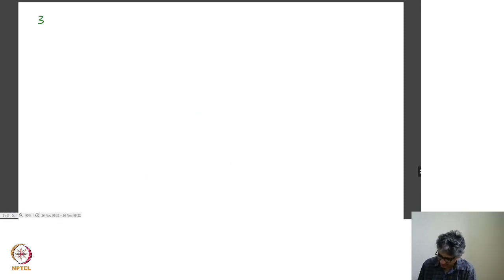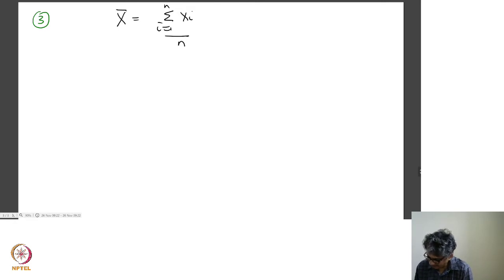The third observation is the following. You look at what we have in our object, which is x bar, which is just the summation i equal to 1 to n of xi divided by n. So now we do the same thing again. We just look at E of x bar.